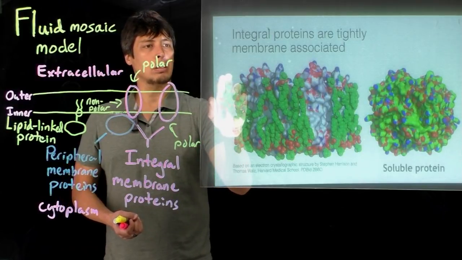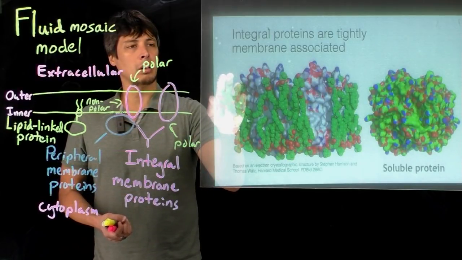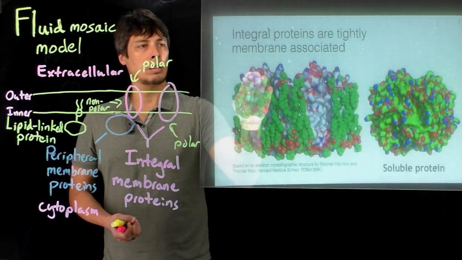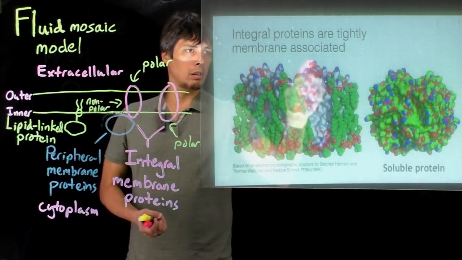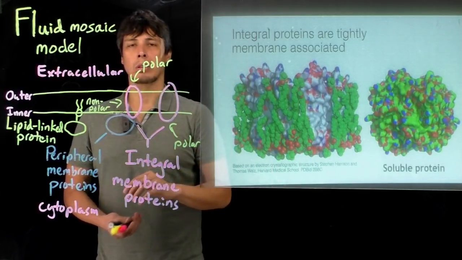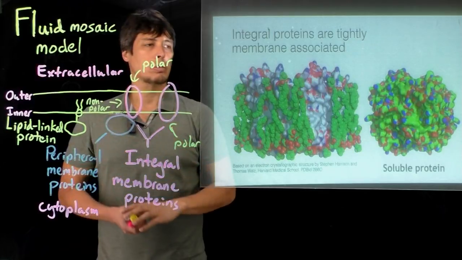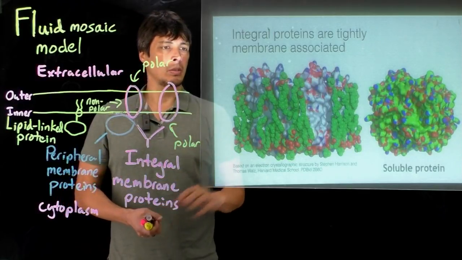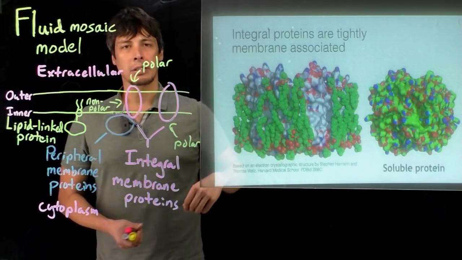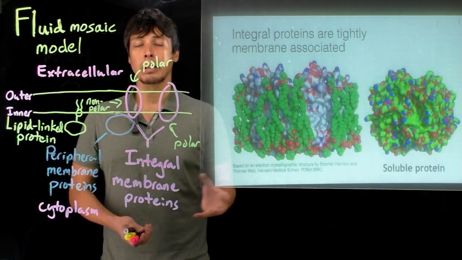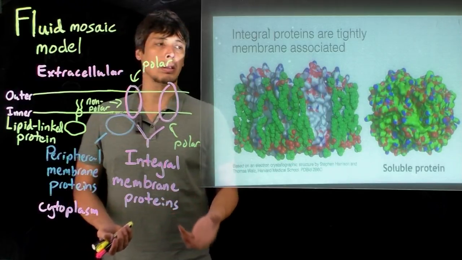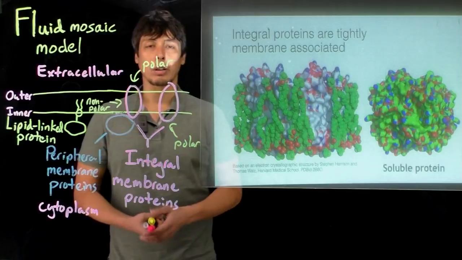And by looking at the red and blue, there are more basic and acidic residues facing out towards the extracellular or cytoplasmic side. Versus the inside, there are very few blue or red patches.